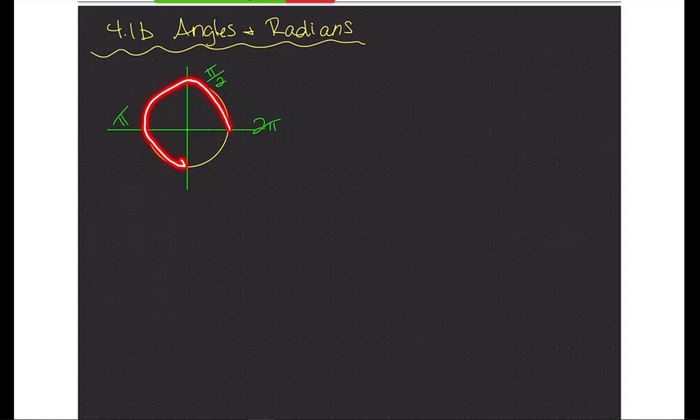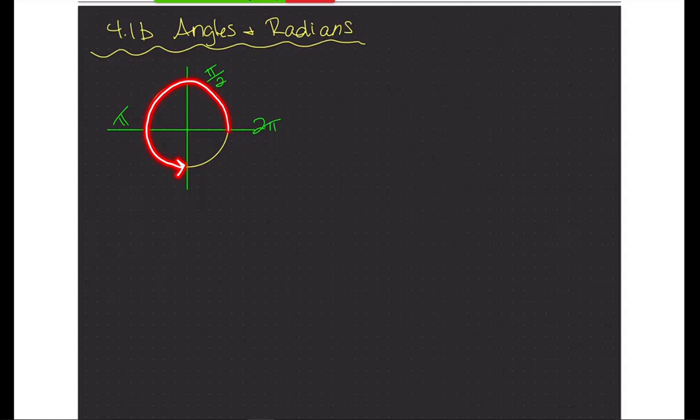How many degrees would it be to right here? 90 plus 90 is 180, plus another 90 would be 270. And how many radians would 270 degrees be?